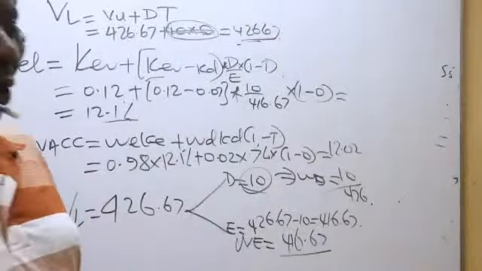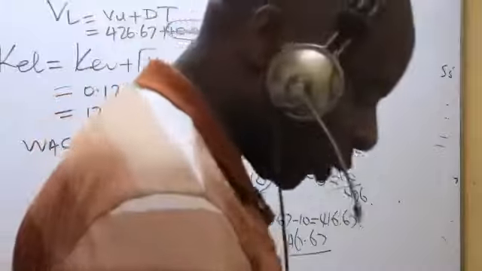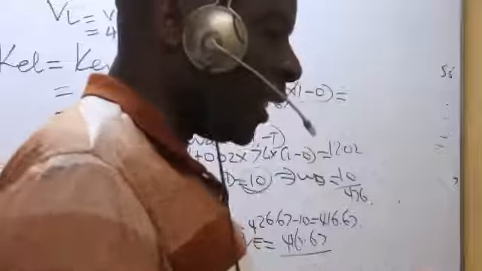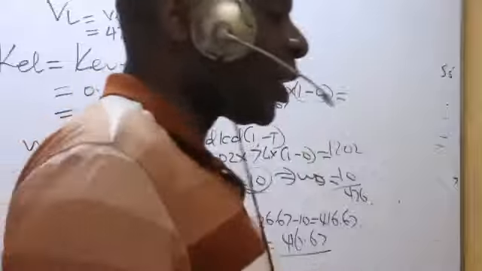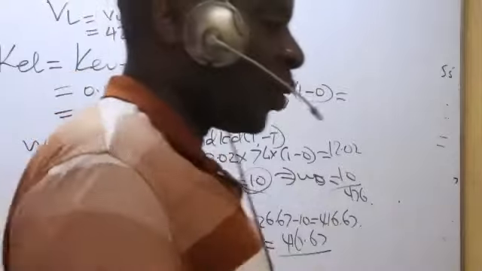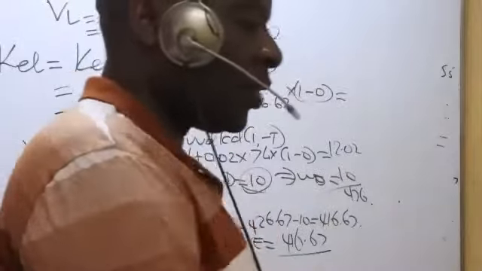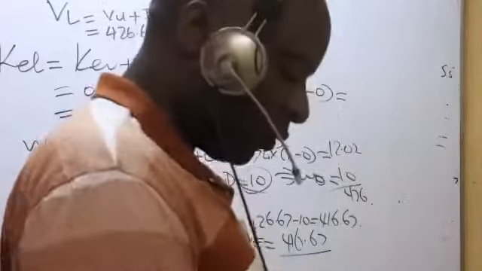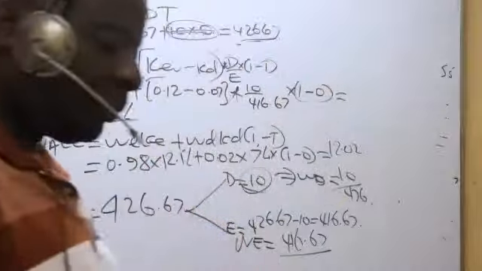So now we should be able to do part 1, the current value of the firm if it uses no debt. So basically they want us to evaluate VU. I'll give you 1 minute to try this out. VU will be equal to what?